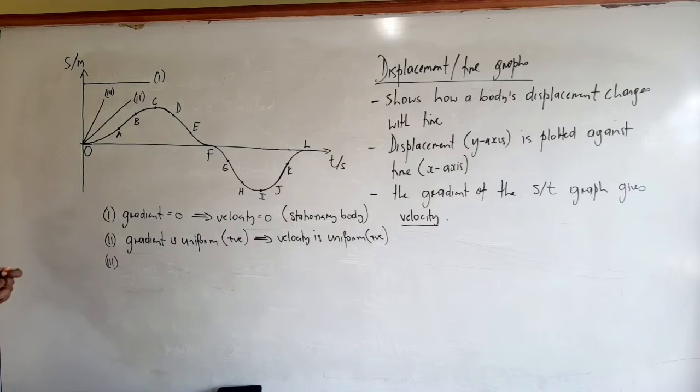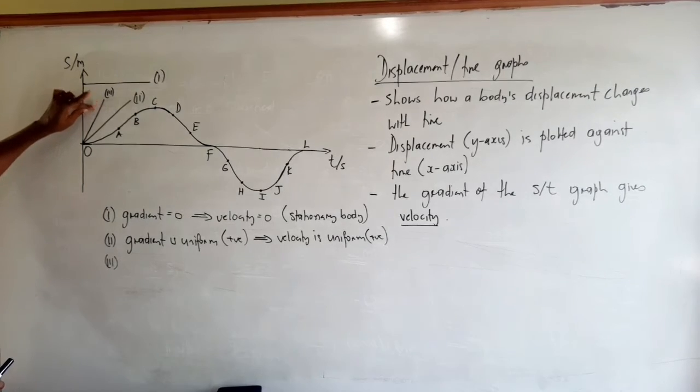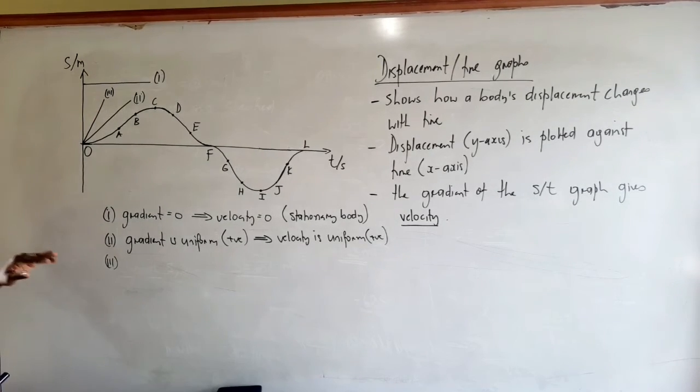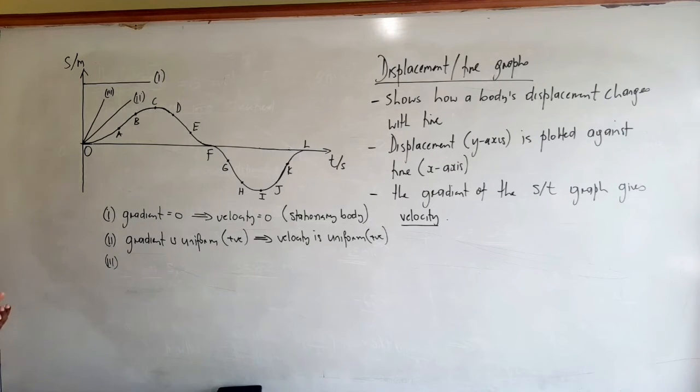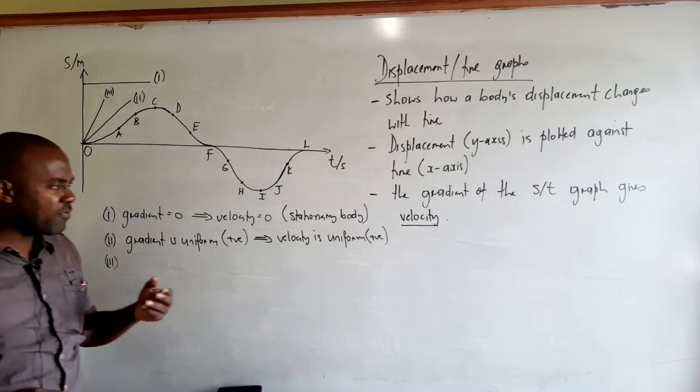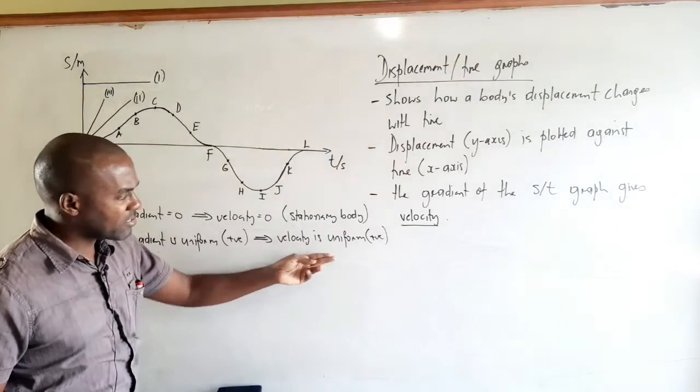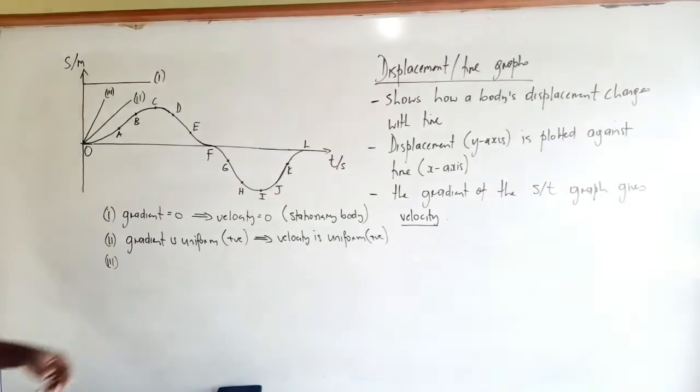Now, similar to graph 2, the displacement increases steadily with time, and so we say the gradient is also uniform and positive. But if you examine the two graphs carefully, we see that the graph in 3 is steeper than that in 2. So the gradient is greater, the graph is steeper, and therefore this graph will be moving with a constant but higher velocity than that in part 2.